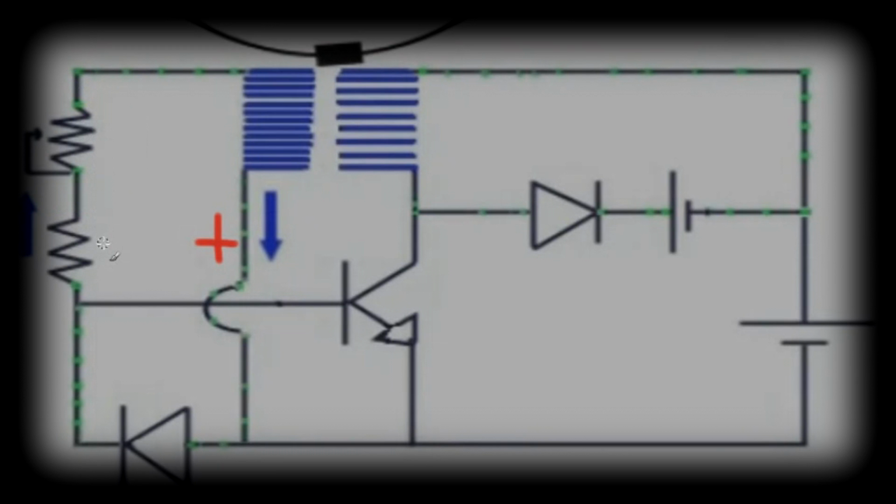What is that? 12 volts. Volts divided by resistance equals current. 12 divided by 100 is 0.12, so that's like 120 milliamps. Minimum.